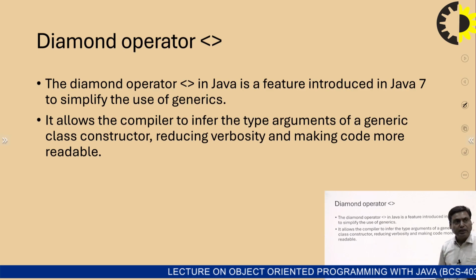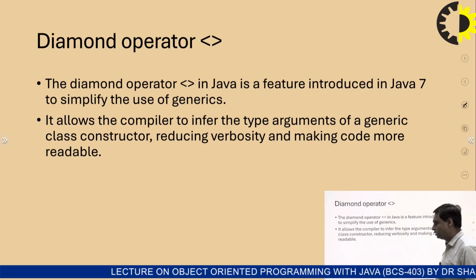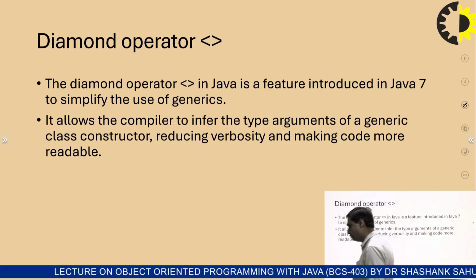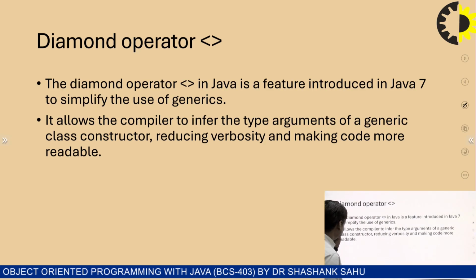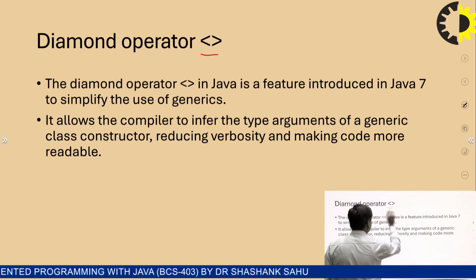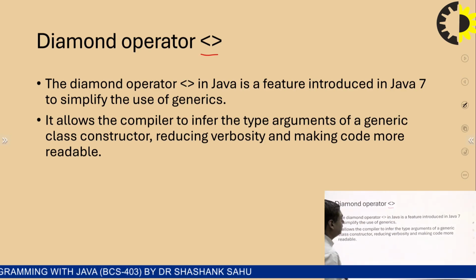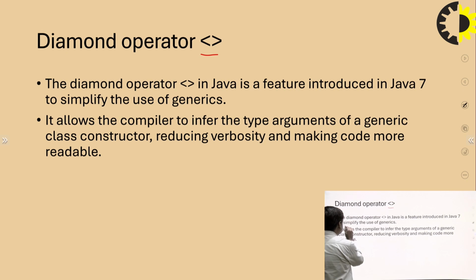Next we talk about the diamond operator. Till now I discussed what an anonymous inner class is. Next I am going to discuss the diamond operator. The diamond operator is represented in this way. It is a feature introduced in Java 7 and basically it is used to simplify generics, that is, to simplify the type of a class.